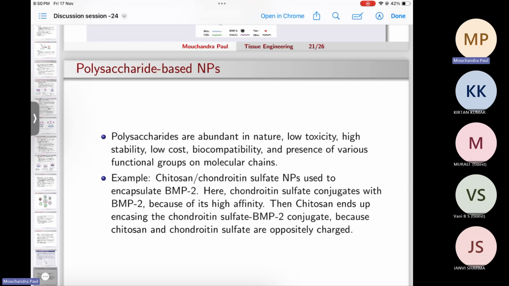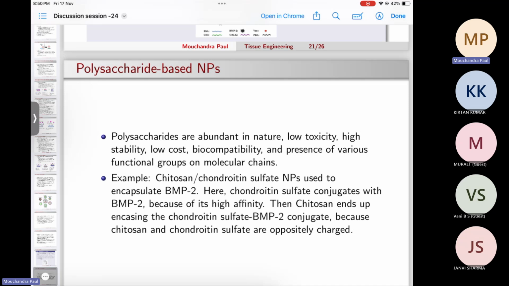They are also biocompatible, often useful for different applications, and will give you the desired result. And the polysaccharides will have various types of functional groups on the chain, which you can use to conjugate any molecule of interest like growth factors.